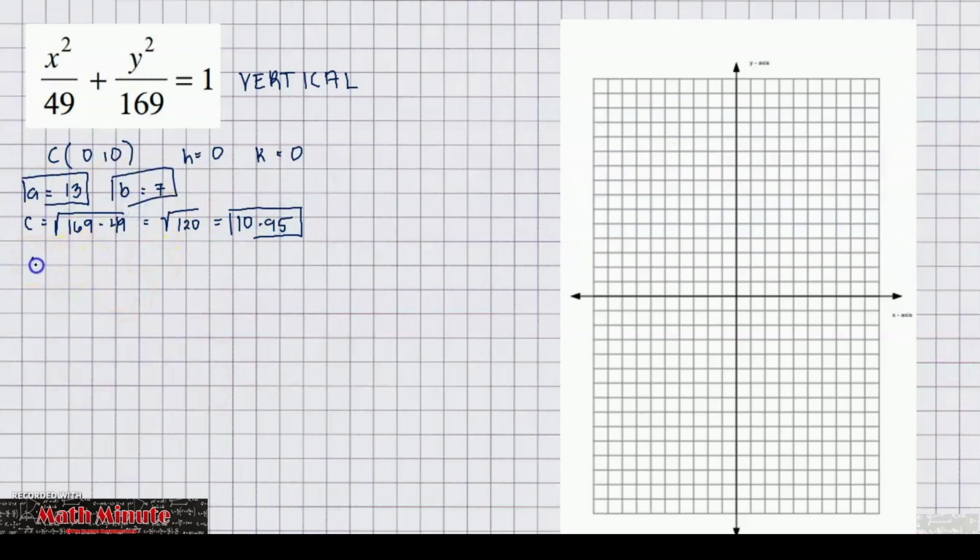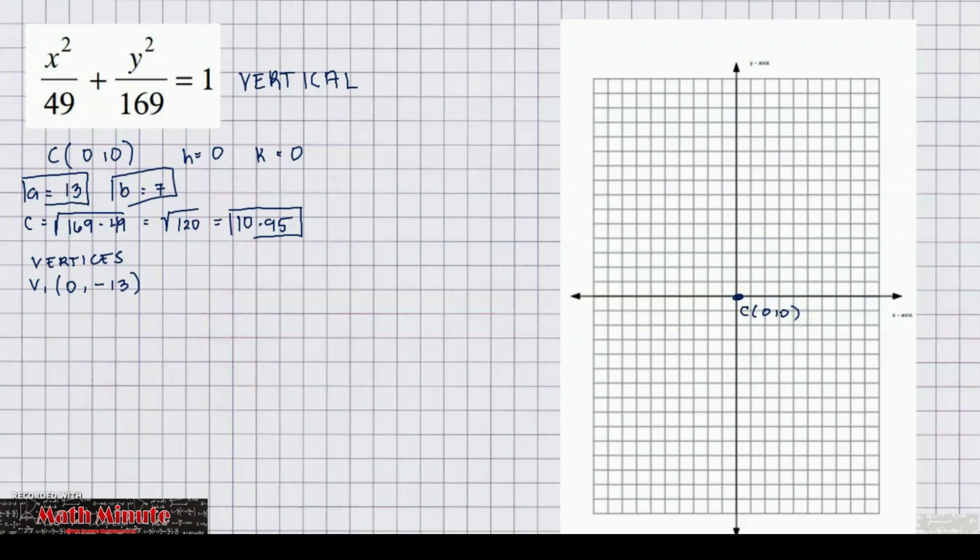Since this is vertical, for your vertices, V sub 1, we copy h, then we subtract the value of your a, which is 13. So V sub 1 is 0, negative 13. By the way, let's locate the center here first, which is 0, 0.